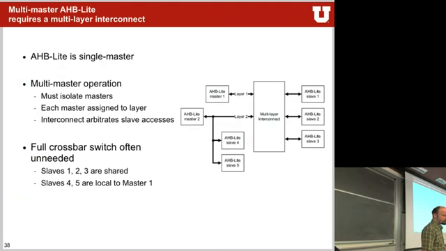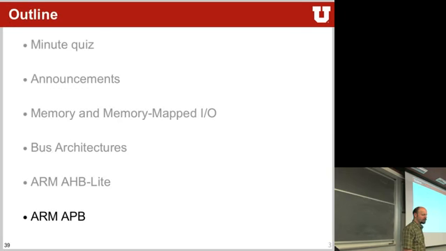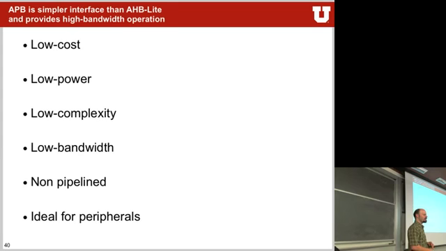Okay, let's jump over to the APB bus, because this is the bus that you will actually use in your labs. It's a lot easier, trust me. Fewer signals, lower cost, lower complexity, but also lower bandwidth. It's non-pipelined, so you don't have multiple transfers happening at the same time during the same clock tick.